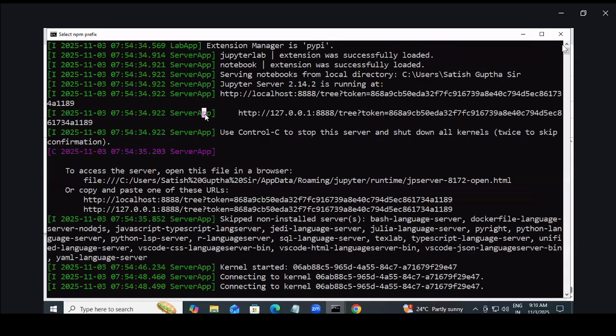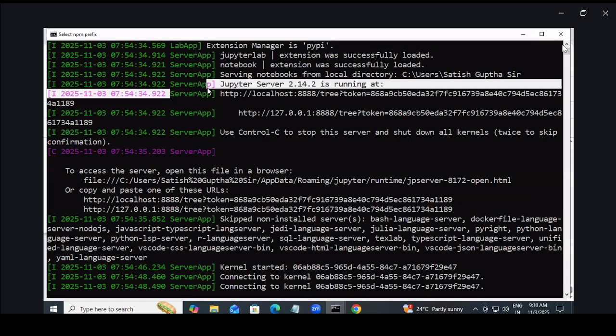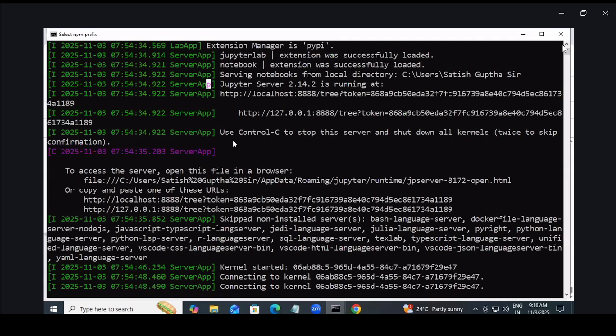Server application. Now this server application requires Python software, and it requires libraries. Are both installed in the same system or a different system? Same system.